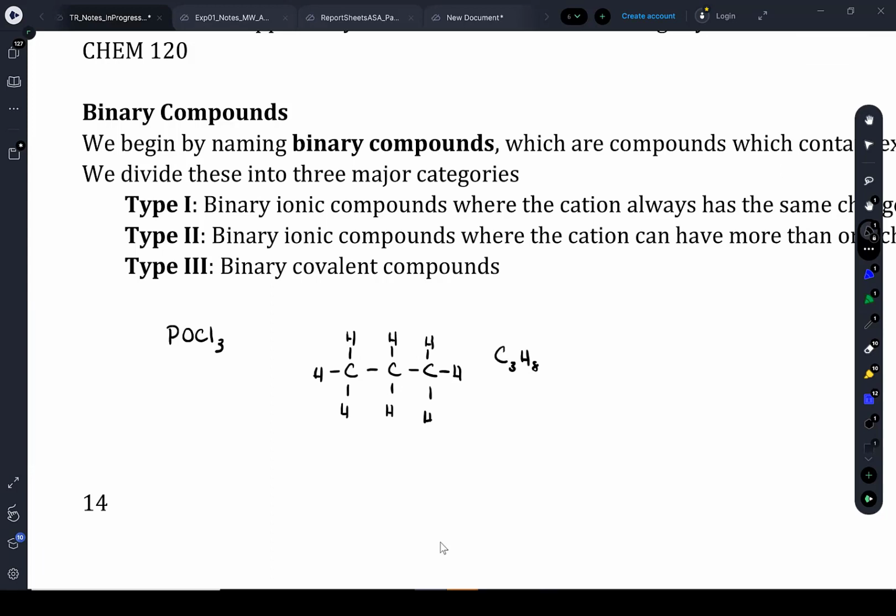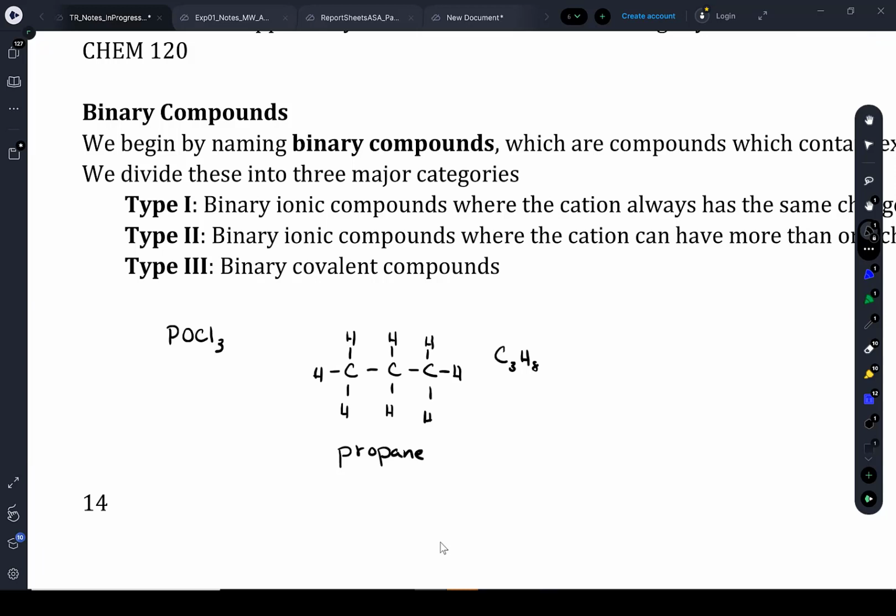But anything here that's based on carbon, you can't name because these are called organic compounds. Anything based on carbon that contains only carbon and hydrogen, or carbon and hydrogen and other things, they have their own special naming rules. Anyone know the name of this by any chance? Hank Hill likes this compound. It is propane.